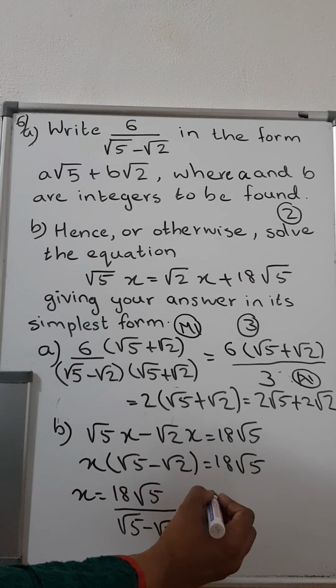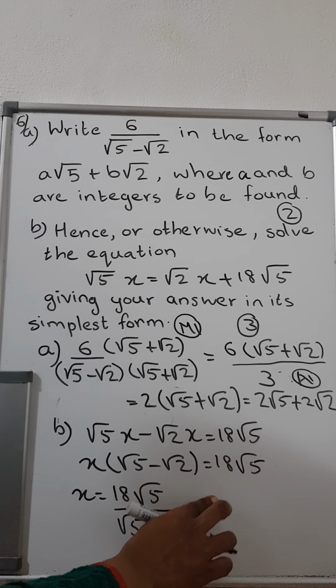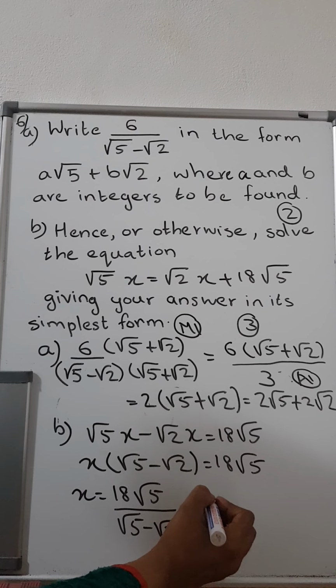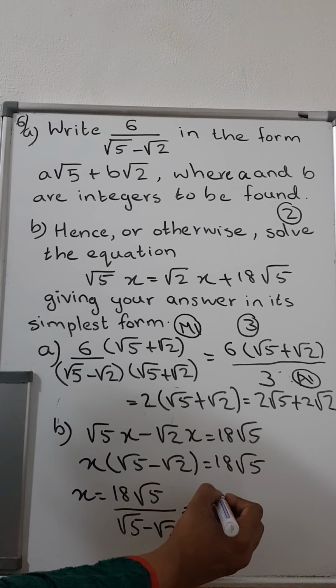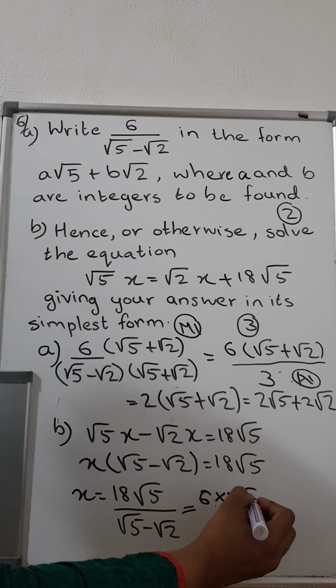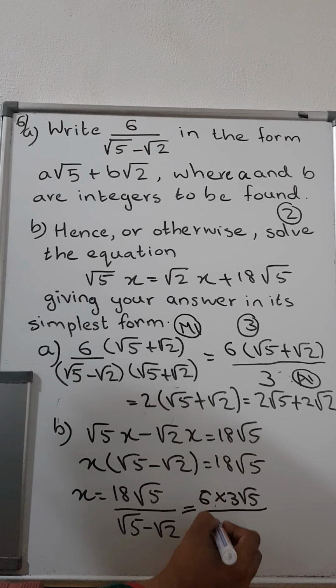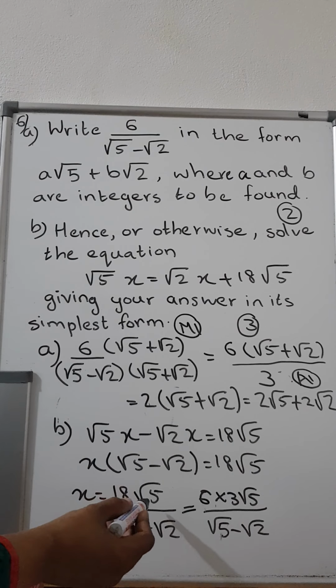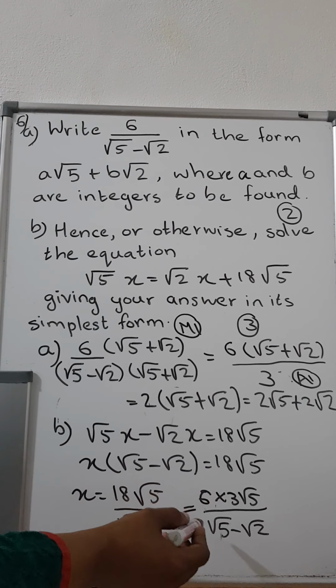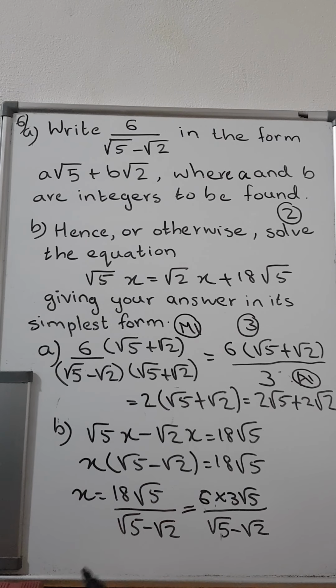So we can rewrite it as 6 times 3 root 5 divided by root 5 minus root 2. See, 18 is 6 times 3.